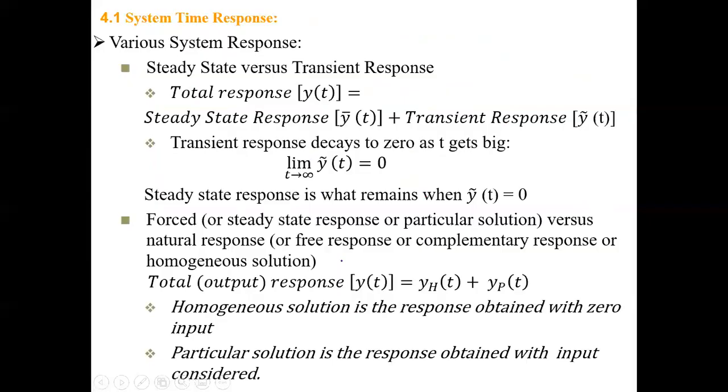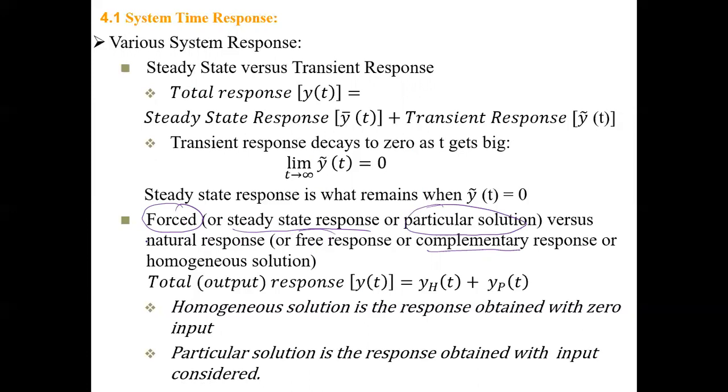The other way, as I said, is the forced response, right? You can say particular versus complementary, or you can say steady state. So forced response has different names here. Forced response has another name, which is steady state response or particular solution.